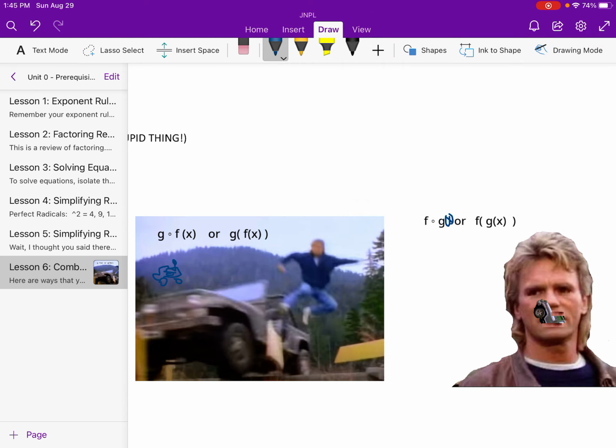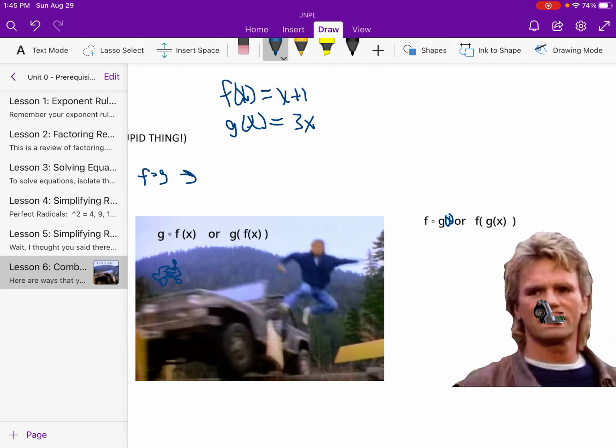So one example would be if you had f of x equals x plus 1, g of x equals 3x, I guess. So then if you had this, the g is in the f because the g comes last.